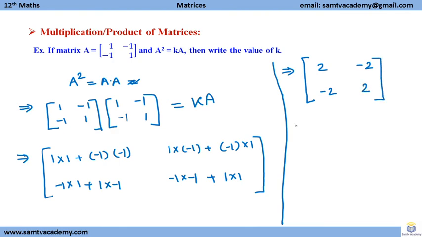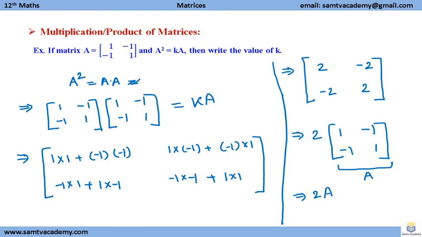So now we can take 2 common here, so it is 1 minus 1 minus 1 1. So we can see that this is A, so it is 2A.